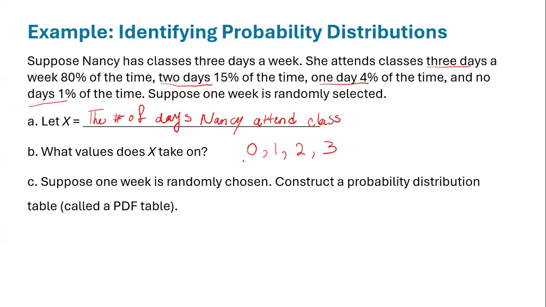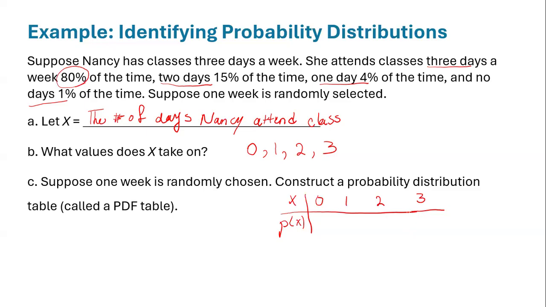And it says, suppose 1 week is randomly chosen, construct a probability distribution. And we also show the probability distribution with a PDF. PDF means the probability distribution function. And we want to show the PDF table. Okay, in any PDF table, we need a table for x and probability of x. X values can be 0 or 1 or 2 or 3. Now the question is, what are the probabilities? What's the probability of attending class 3 days a week? 80%.